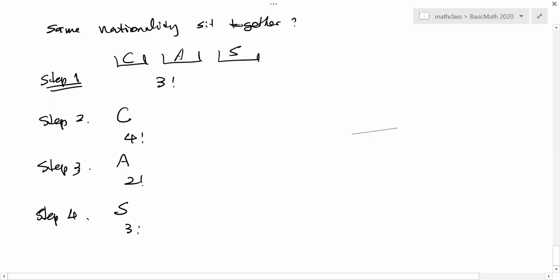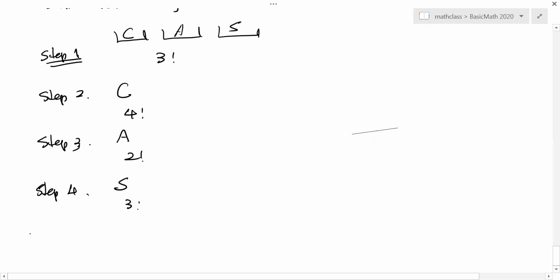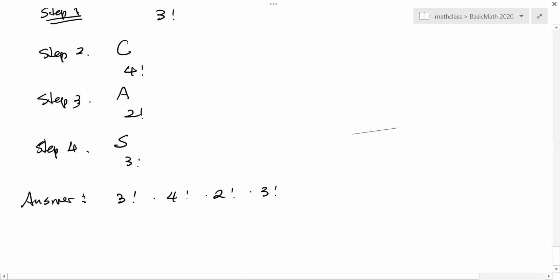So the answer is 3 factorial times 4 factorial times 2 factorial times 3 factorial, which is 6 times 24 times 2 times 6.